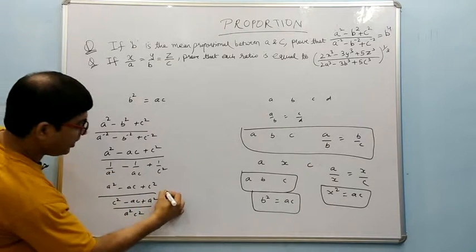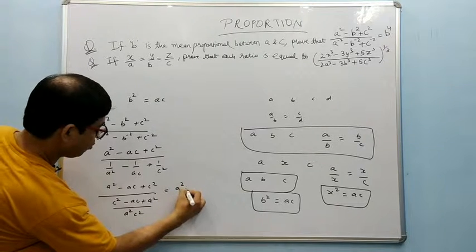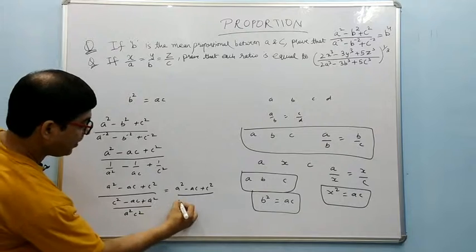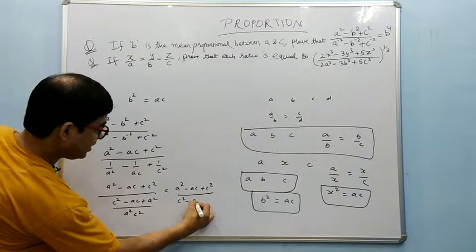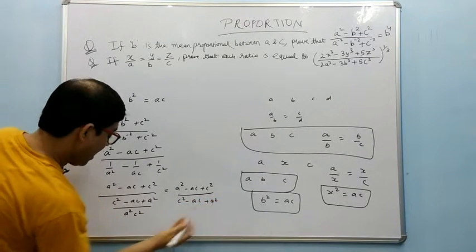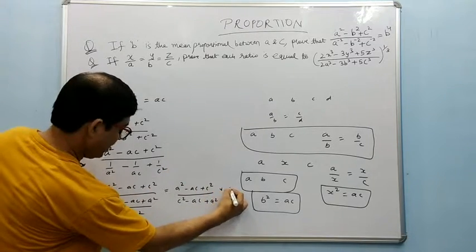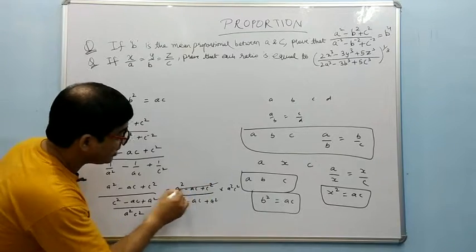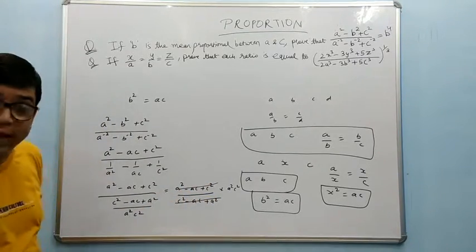Okay. So now you see, if I just write this as a square minus ac plus c square divided by c square minus ac plus a square, and that a square c square is coming here, is it? Now this is the same, so it cancels out.